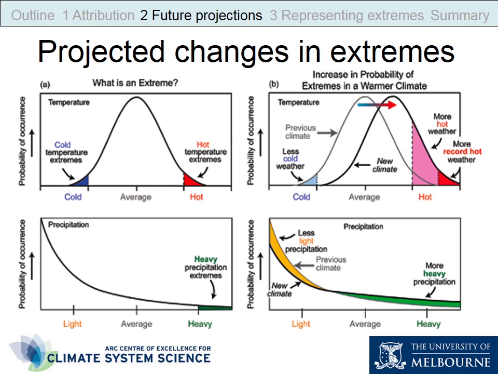These are just possible changes, so there's various different things that can happen in terms of changes in extremes, but these are just simplifications that show nice little figures of what could happen. But when we shift the mean climate, it's possible we get less cold weather and more record hot weather, which is somewhat unsurprising, and again, less light precipitation and more heavy precipitation.